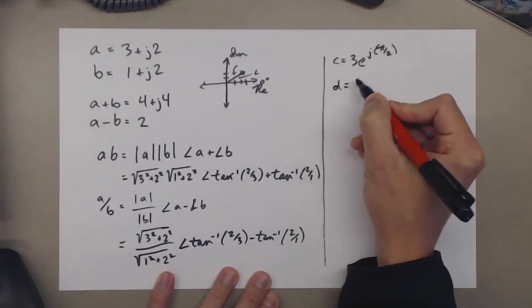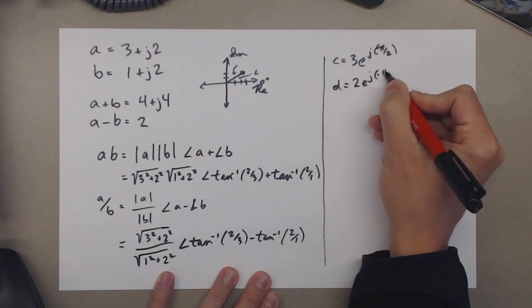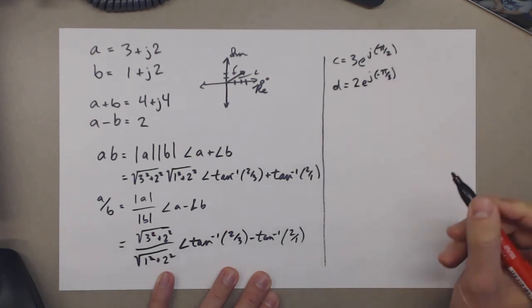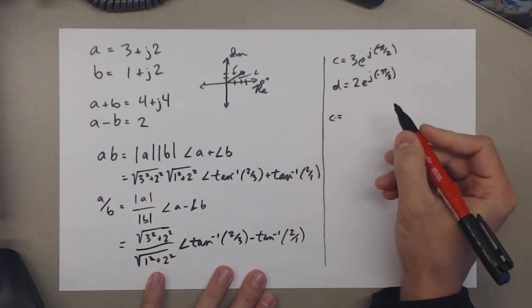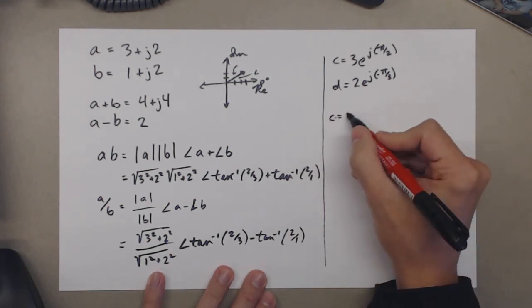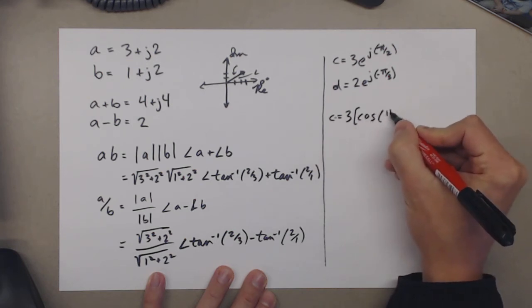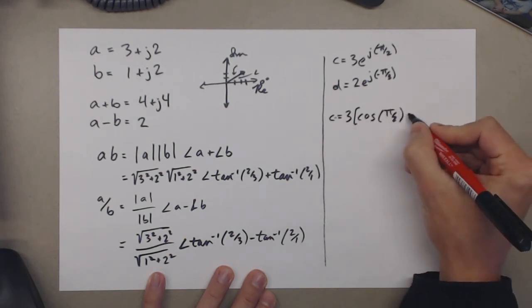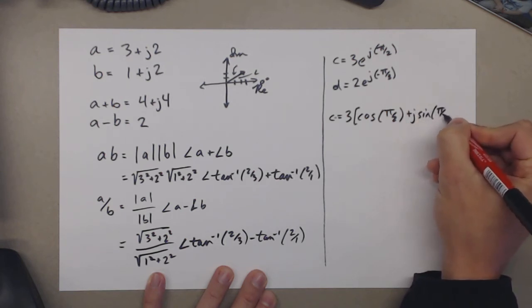We could have another number that looks something like this. And if I'm looking at, okay, how do I deal with these two numbers? Well, we use Euler's formula. So c is equal to, the magnitude is 3, and then we have cosine of pi over 2 plus j sine pi over 2.